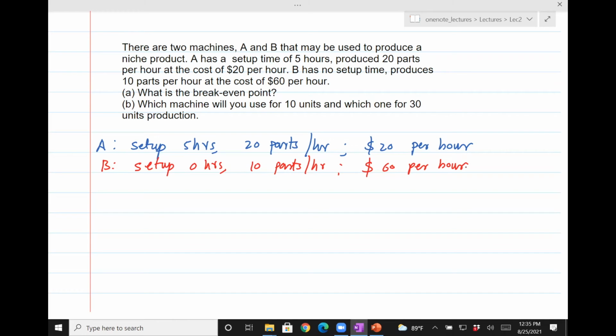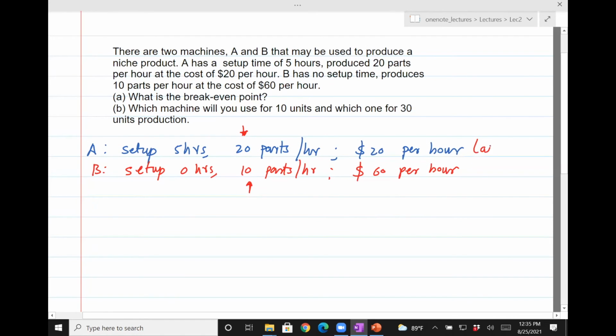But then it actually produces 20 parts per hour at $20 per hour. So it's producing more parts compared to B, right? And B also costs more per hour. So it's likely that A is some kind of an automated machine, and B is probably a manual machine, because the setup times are typically almost zero. Anyway, that's not very important, but let's then try to find the break-even point.